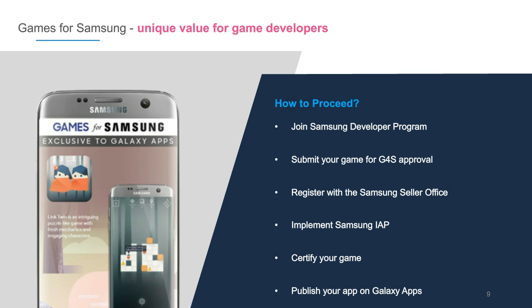Ideally, it will be published the same day as we start our banner promotion. This is something that we normally resolve during project management, which I do with every partner participating in Games for Samsung.